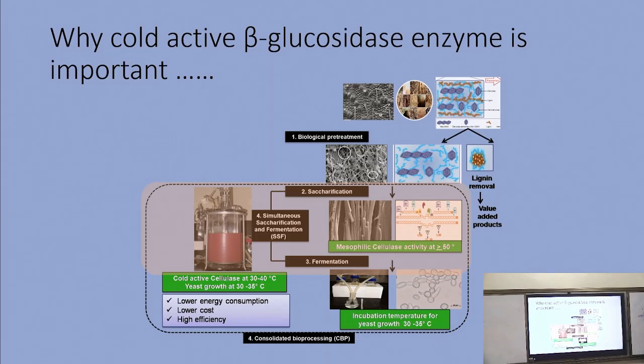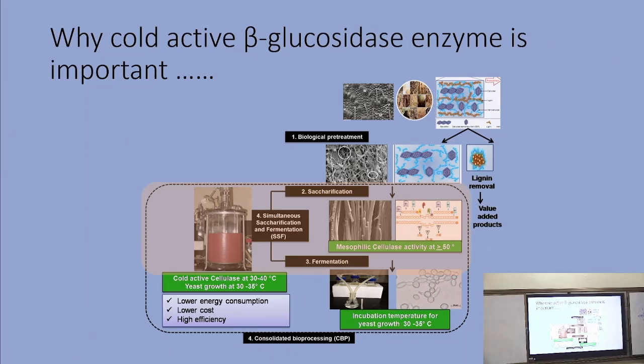So lignin is a waste actually. So what we enzyme people do is remove lignin, we do delignification. The pulp industry also removes lignin, because lignin creates impurities and the quality will not be good in the paper. So lignin is useful also. So we try to see that this lignin can be used for value added products, and also for specific cold active cellulase production.